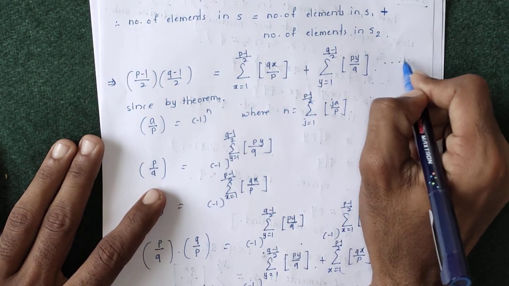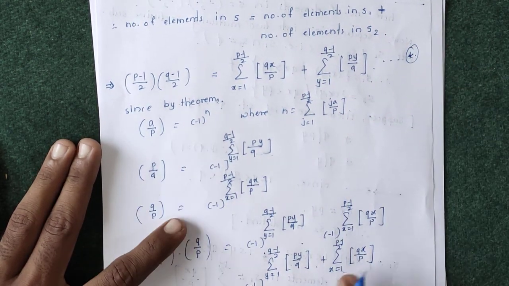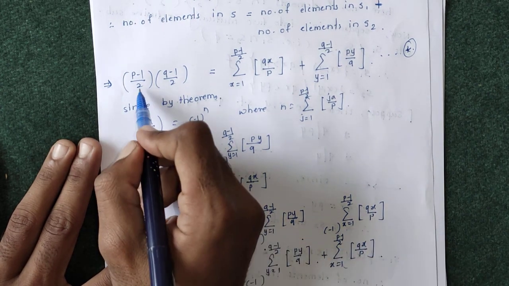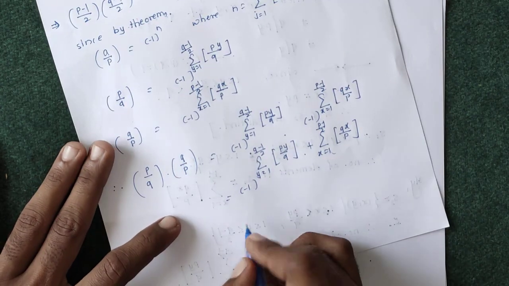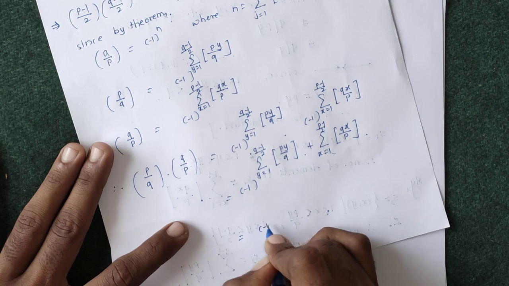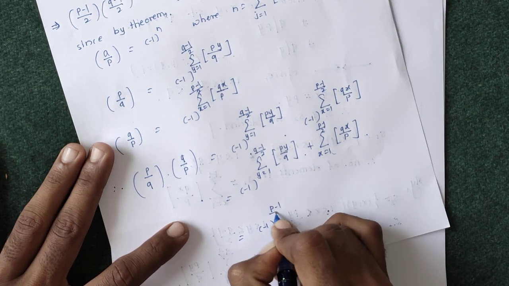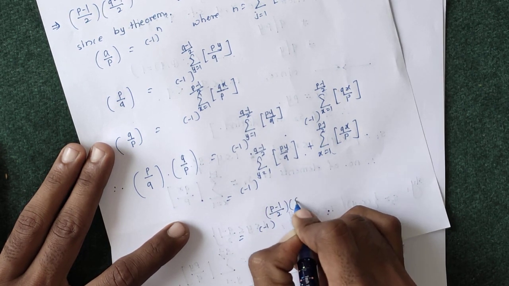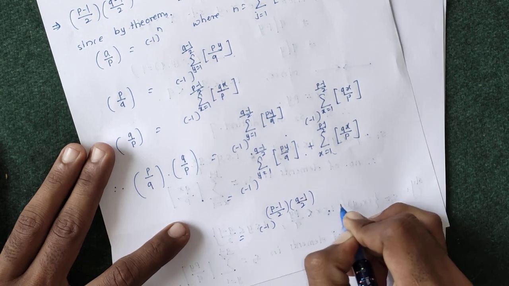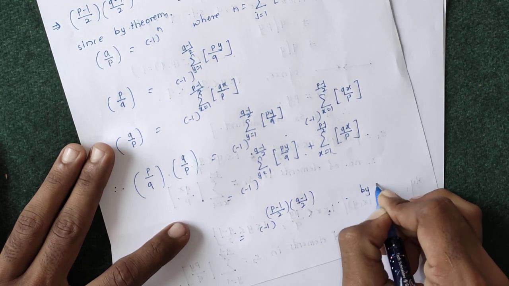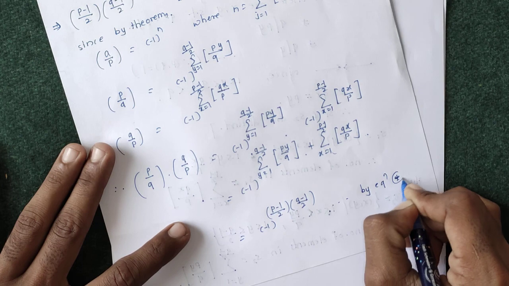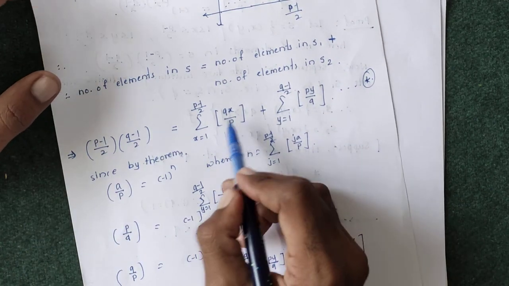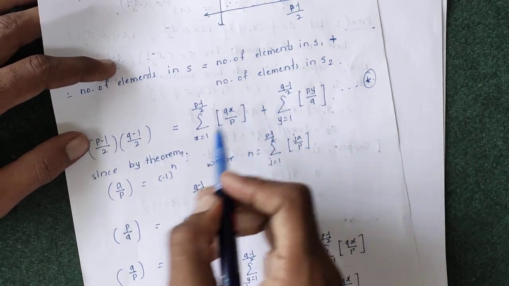From this equation, number star, we can write this number as (p minus 1) by 2 into (q minus 1) by 2, which gives minus 1 raised to (p minus 1) by 2 into (q minus 1) by 2. This is by equation star. Equation star says the addition of these two is equal to this.